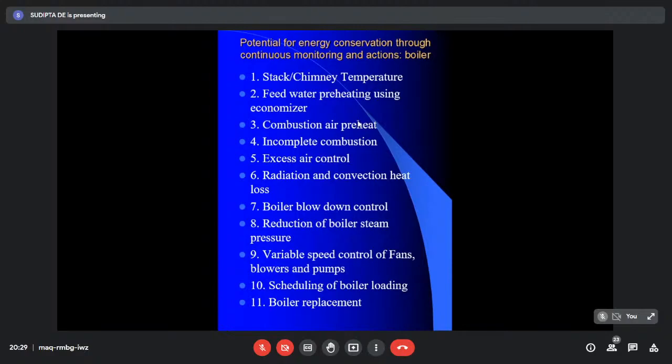Performance of any device degrades during its use.